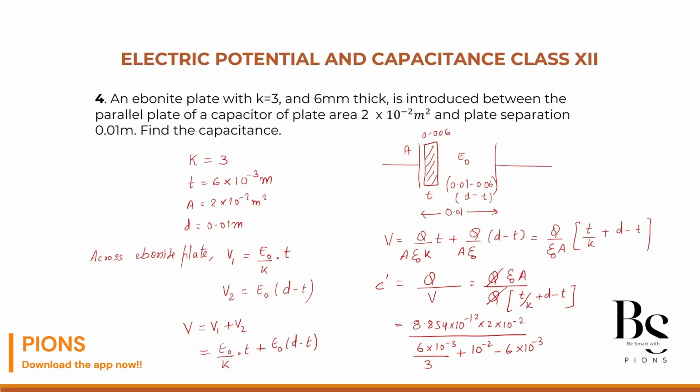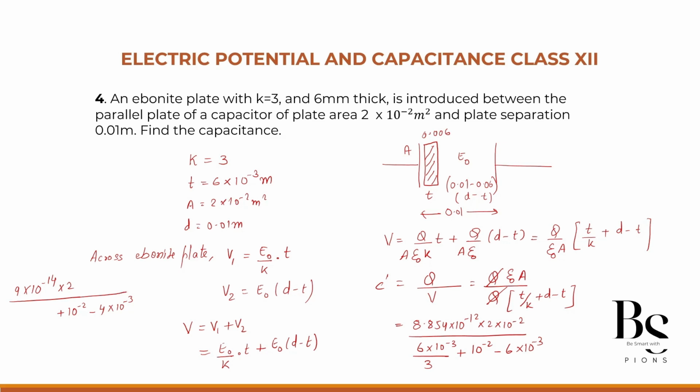Let me take roughly 8.854 as 9 into 10 to the power minus 12. So 10 to the power minus 12 and 10 to the power minus 2 gives 10 to the power minus 14, into 2, whole divided by 6 by 3, which is 2 into 10 to the power minus 3, plus 10 to the power minus 2 minus 6 into 10 to the power minus 3. Now 2 into 10 to the power minus 3 and 6 into 10 to the power minus 3 become minus 4 into 10 to the power minus 3. This will be our capacitance.